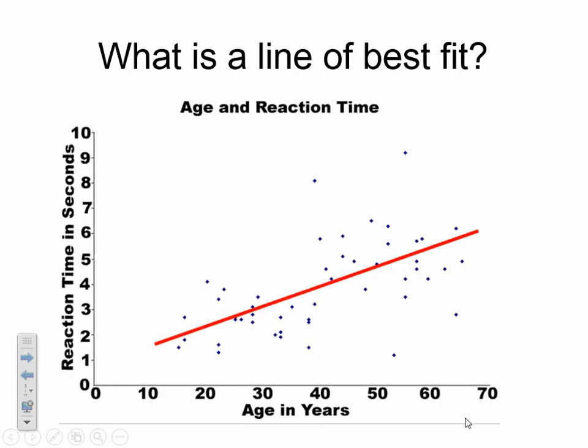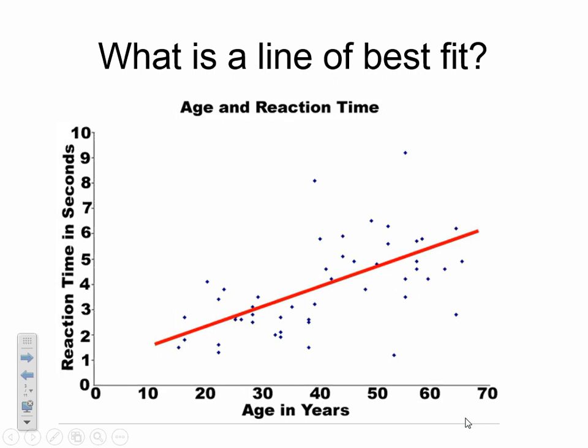So you probably have done some of this in a science class before, like I said, but real data is scattered like this. This is reaction time compared to age, so how age impacts your reaction time. You can see they must have done a survey and had all these data points, and the data points don't line up perfectly. This is how it is in real life. But yet scientists may want to predict that impact that age has on somebody's reaction time.